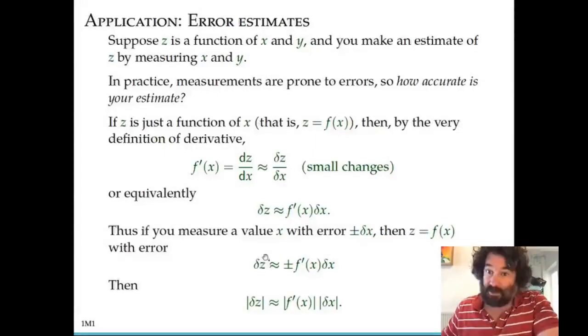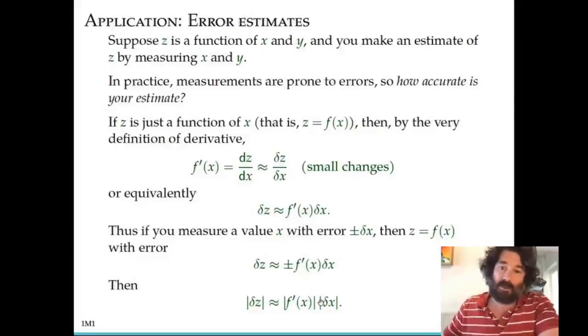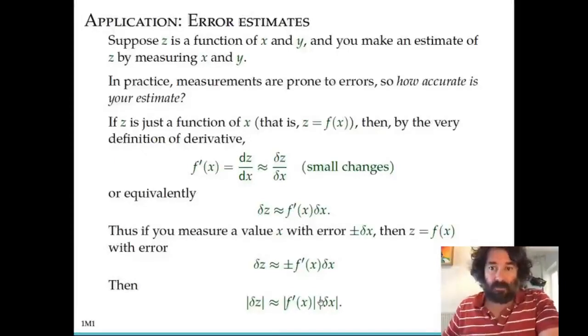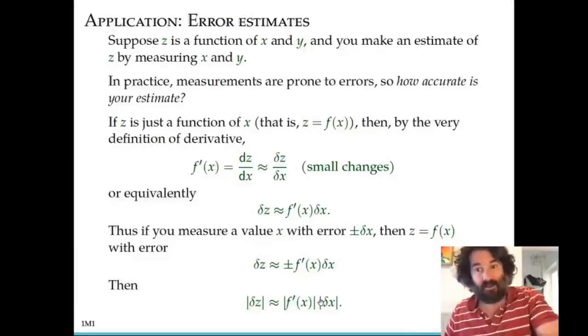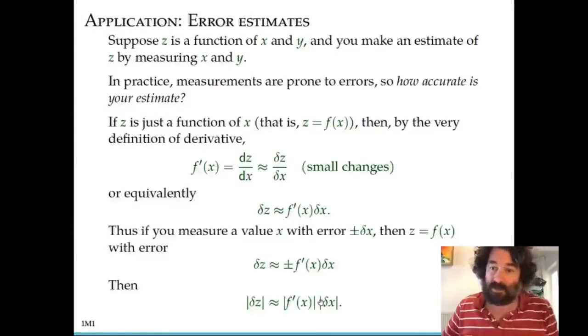So the error in z is approximately plus or minus the derivative of f with respect to x times the error in x. Or I'm taking absolute values, since we don't know the sign of the error, we want to eliminate the plus or minus. The modulus of delta z, the error in z, is approximately the derivative of z with respect to x times the error in x. So this is the formula that we would use in order to estimate the size of the error if z was calculated based on one measurement.